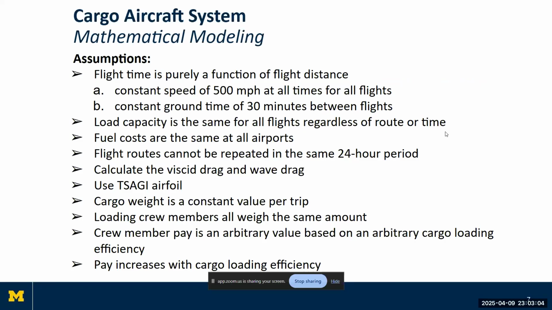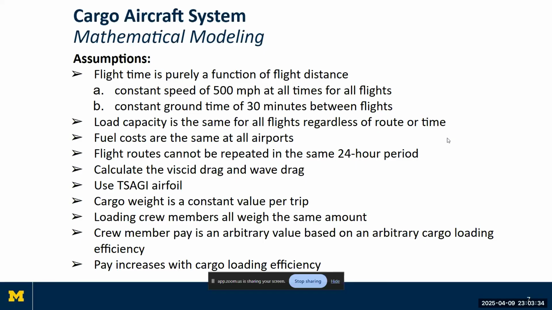To support the formulation, we made several simplifying assumptions in the system model. First, flight time is modeled as a function of distance with constant crew speed and fixed ground times. All fuel costs are assumed to be identical across airports. Routes cannot be repeated, and each flight is assumed to have equal load capacity.